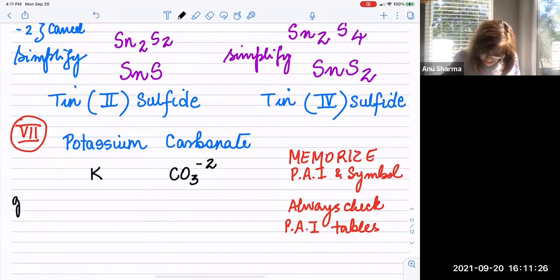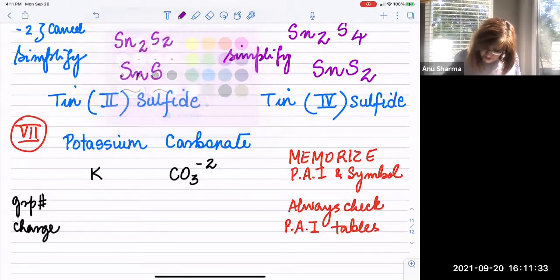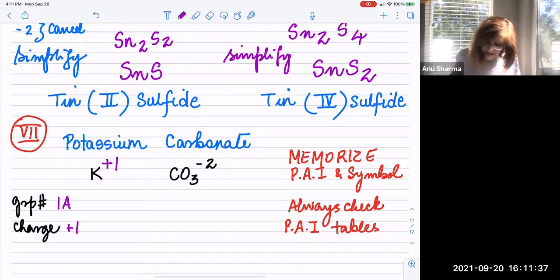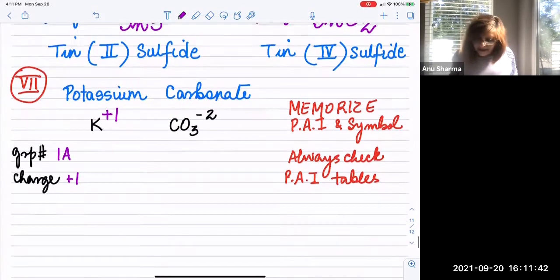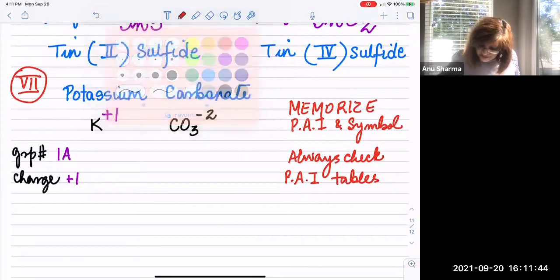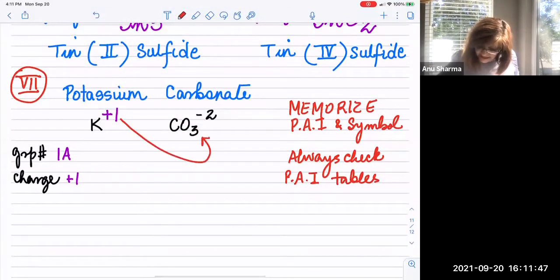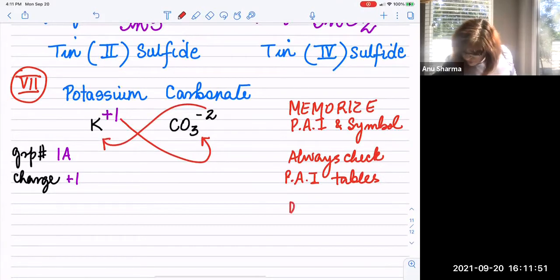Same story, group number, charges. Potassium is in group number 1A, charge +1. So here is this +1. And carbonate is what it is. You just copy the carbonate the way it is. Then crisscross. This number comes here and this number comes here. And remember, we do not write the subscript for 1.